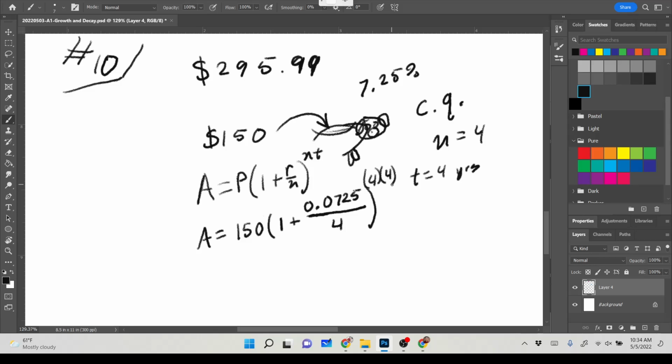Monthly is 12, right? Or semi-annually would be how many? Semi-annually is 2, so twice a year. If it was compounded semi-annually, then N would be 2. That's what we're talking about.